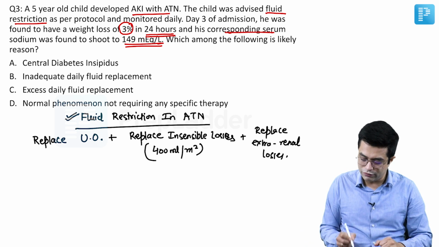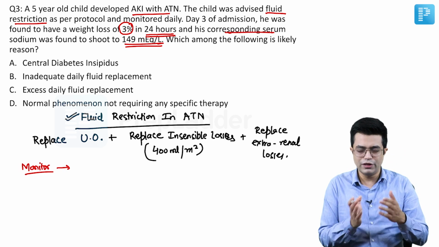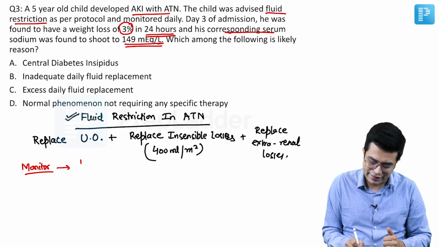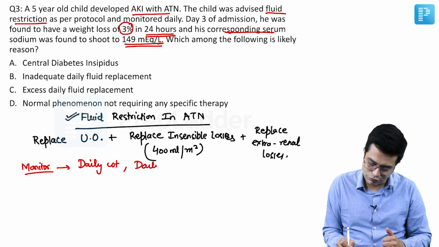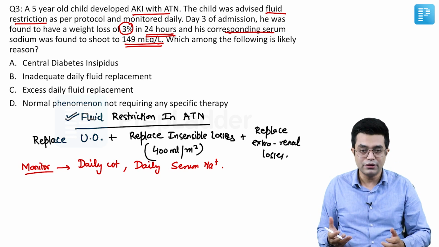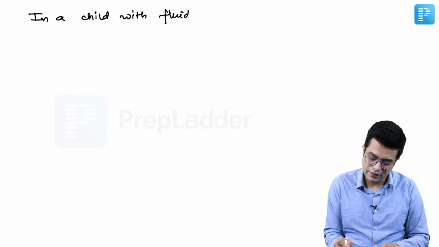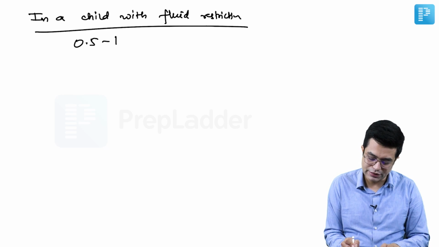And whenever you are doing fluid restriction, you need to monitor two things on a daily basis. Obviously you will do your input, output and everything, but daily weight monitoring as well as daily serum sodium levels are mandatory. So there can be two scenarios. Daily, in a child with fluid restriction, there should be 0.5 to 1% of daily weight loss.